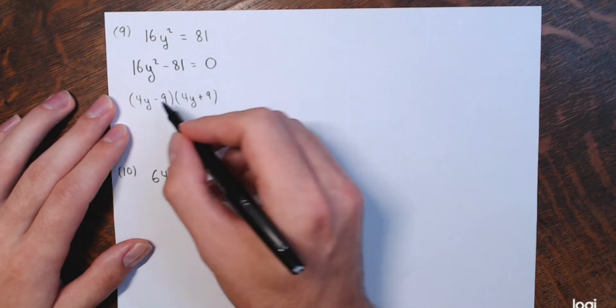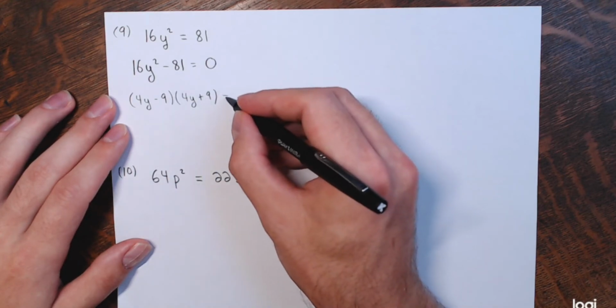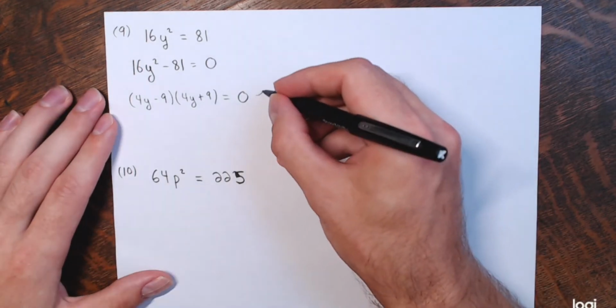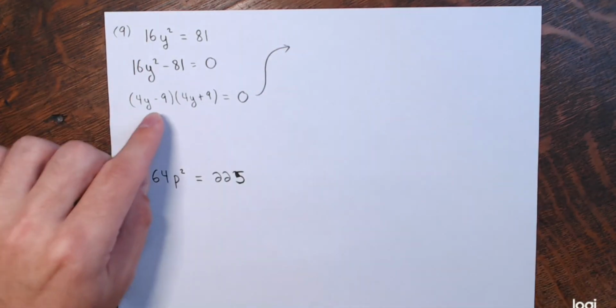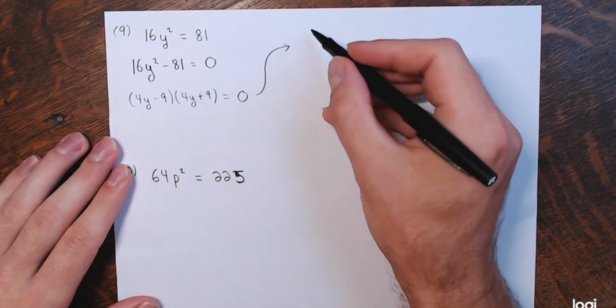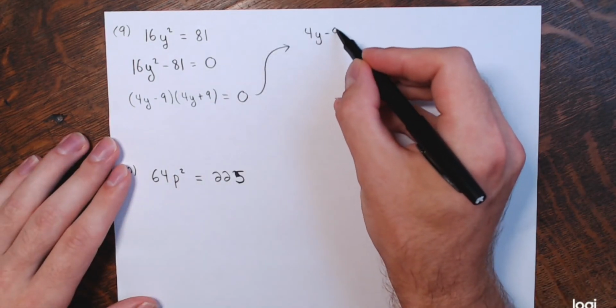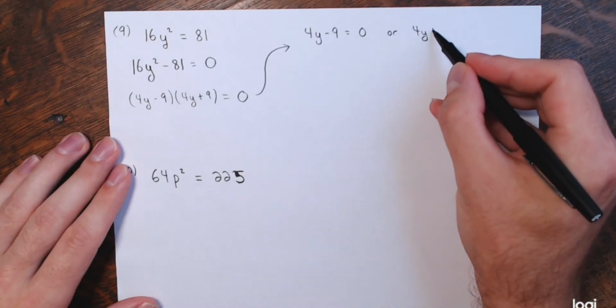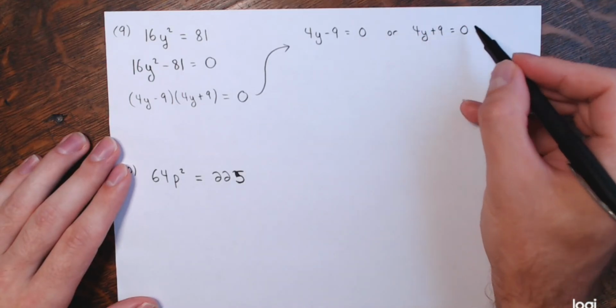Or 4y plus 9 times 4y minus 9, right? It doesn't matter what order you put the factors in. And now I have what I wish, right? I have a product equal to 0. And so applying the 0 product property, either 4y minus 9 equals 0, or 4y plus 9 equals 0.